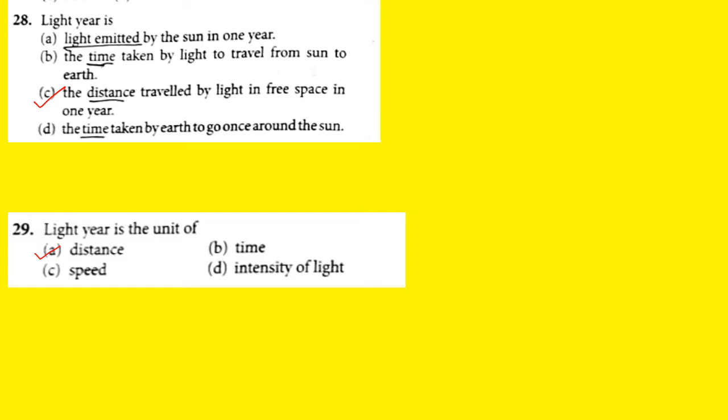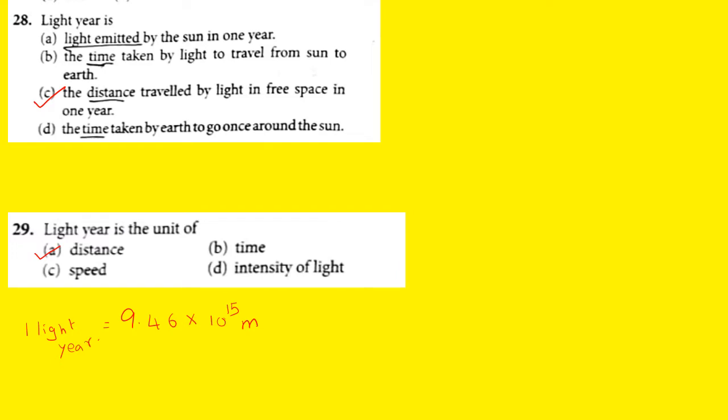Light year is the unit of distance. Okay. So what is 1 light year? 1 light year is nothing but 9.46 into 10 to the power 15 meter. This is known as 1 light year.